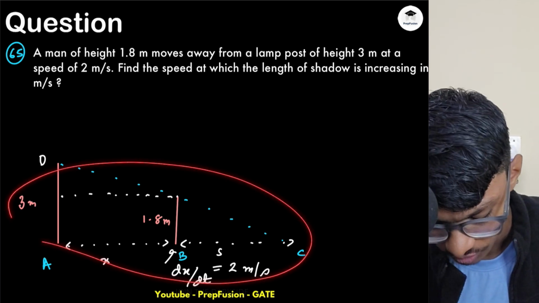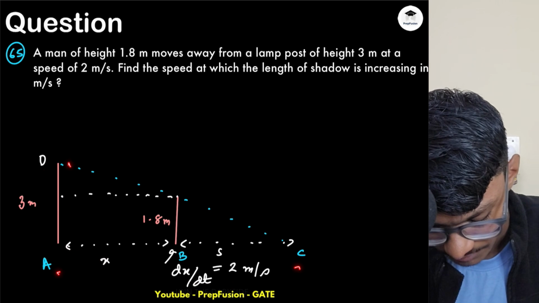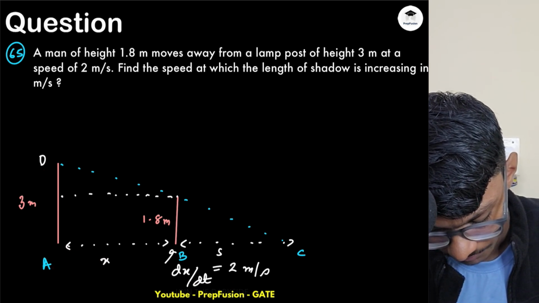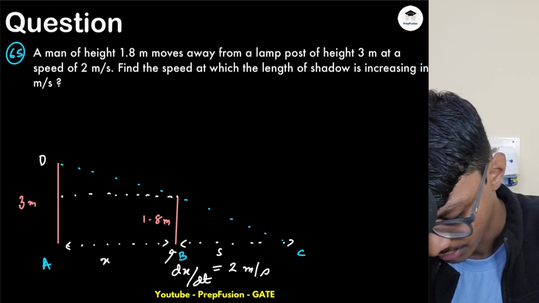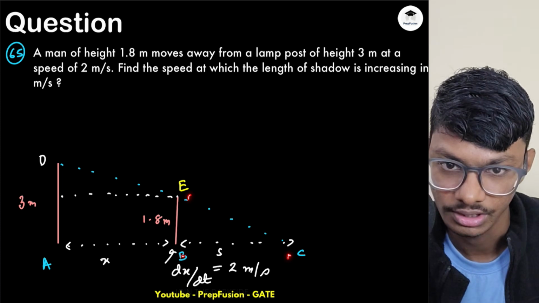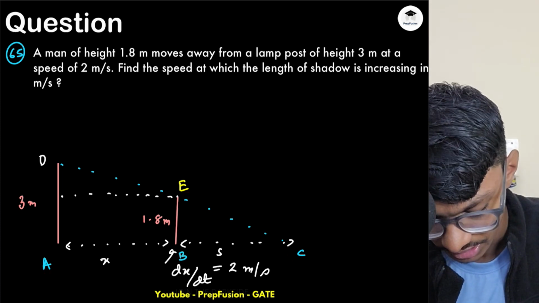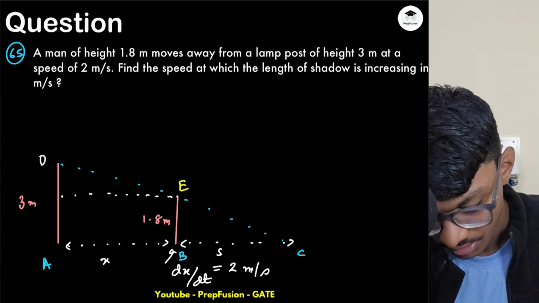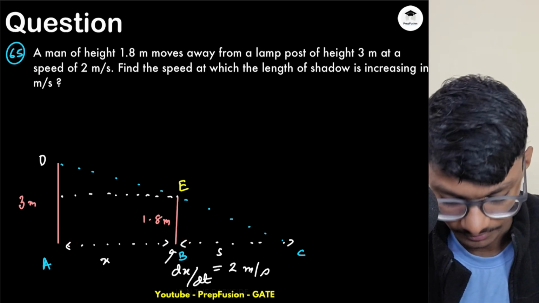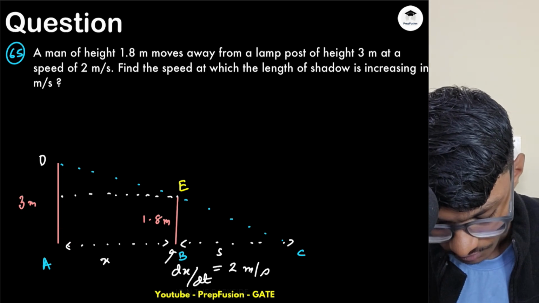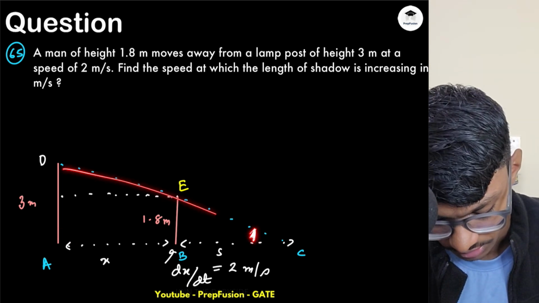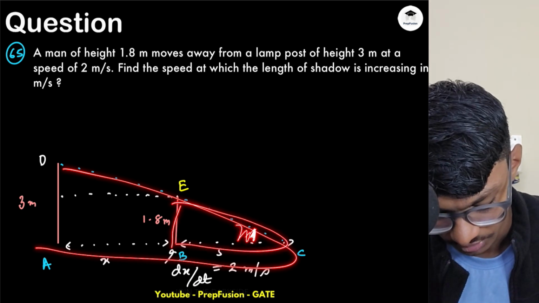Now what else can I do? I have a triangle ACD, and I have a triangle EBC. This point B I also have to mark. Their angles are 90 degrees, and this angle is also the same for them.